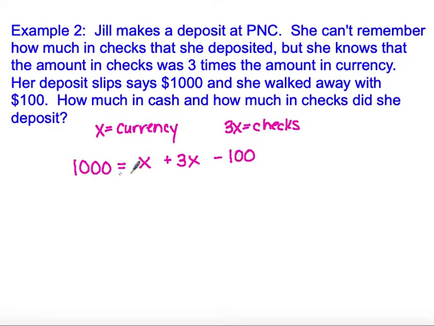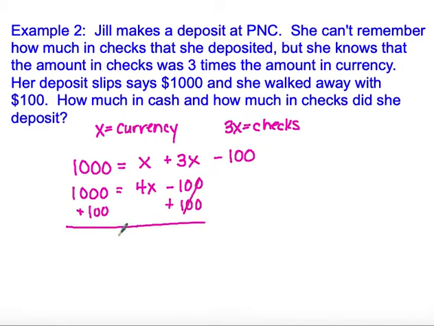So this is our formula, what she deposited and what she took out. So I'm going to go ahead and simplify that, and together I have 4x. I'm going to add that 100 to the other side, leaving me with 1,100 is equal to 4x.